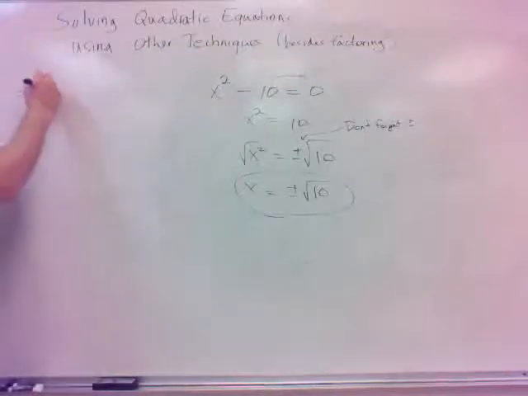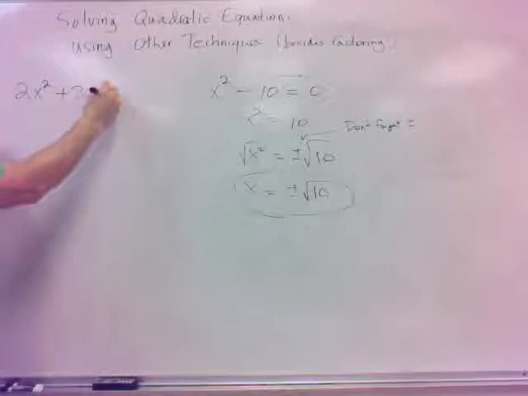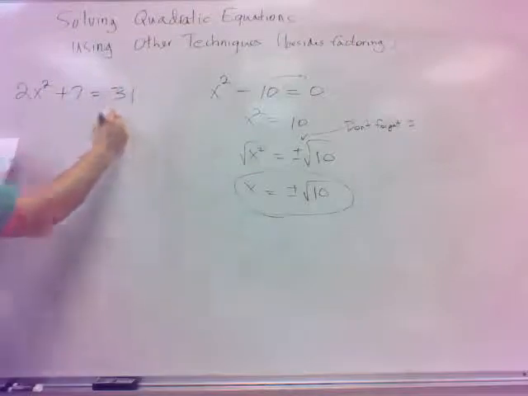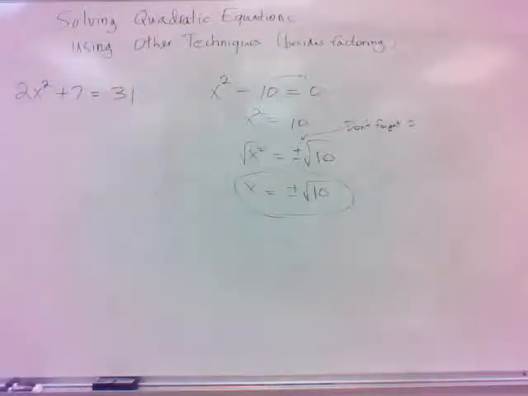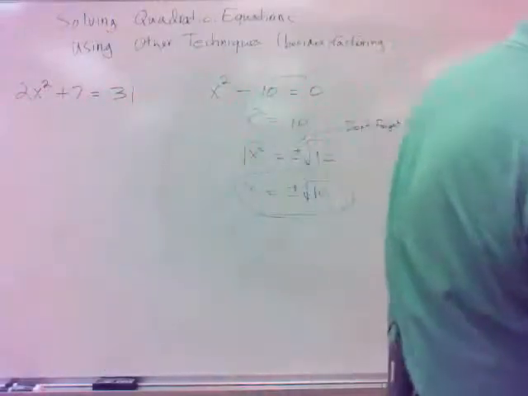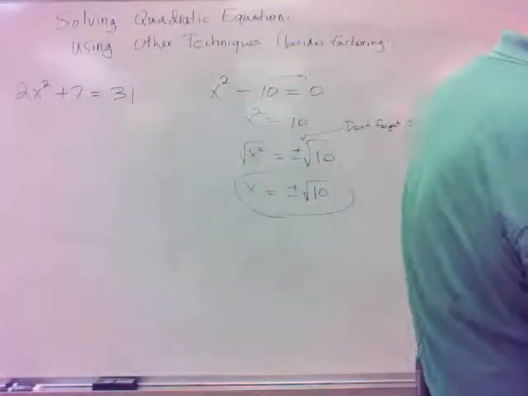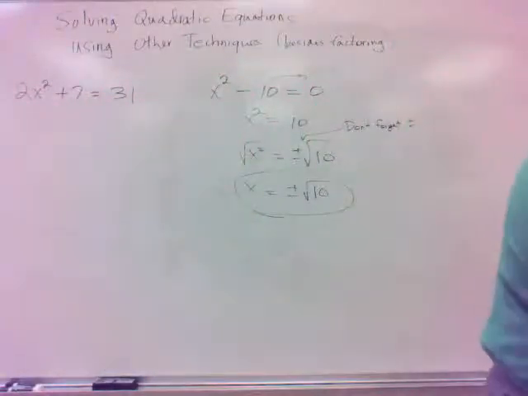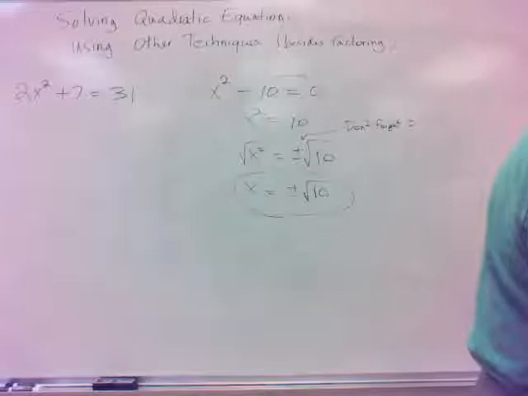Okay, what about this one? 2x squared plus 7 equals 31. Why, on that one, would I want to use the square root method, you think? To get the answer.